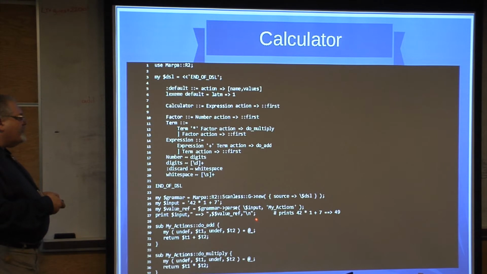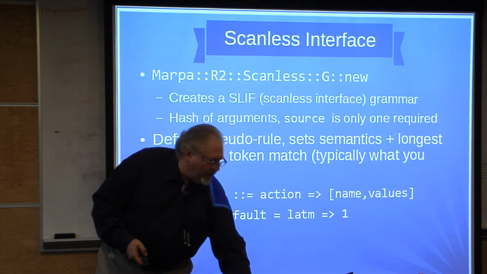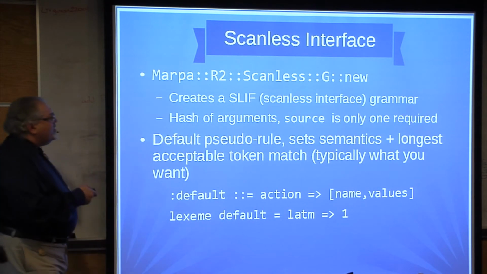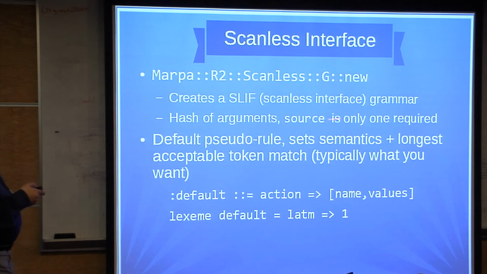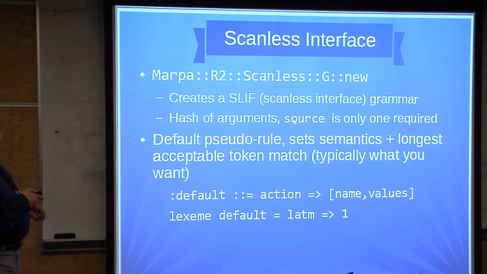And it's a very simple example, but it's a very powerful system. So the scanless interface, they're using the term SLIF for scanless interface grammar. There's actually multiple other arguments that refer to the Perl documents. They're very good, a very excellent, well-documented module.